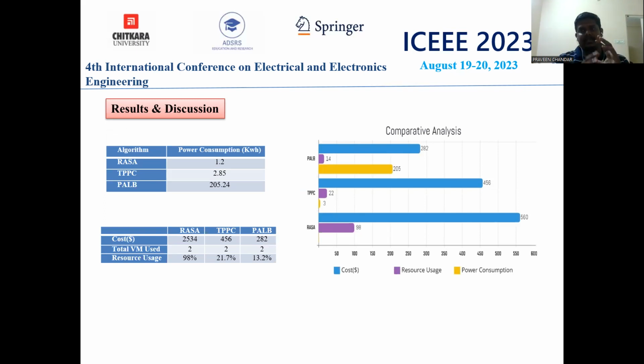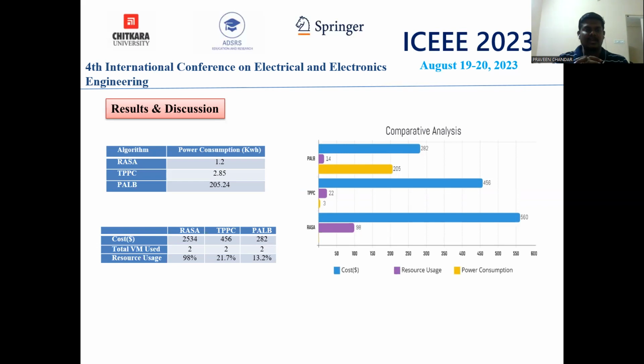Each algorithm is applied to the environment, and results are observed in terms of power consumption, cost, and resource utilization. These are the comparative analyses of the power consumption of the three algorithms, the cost estimation, the total virtual machines required, and the resource utilization.